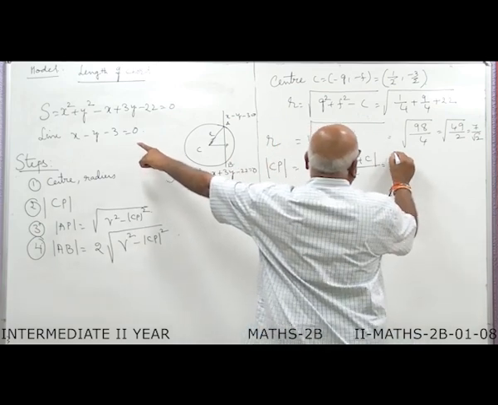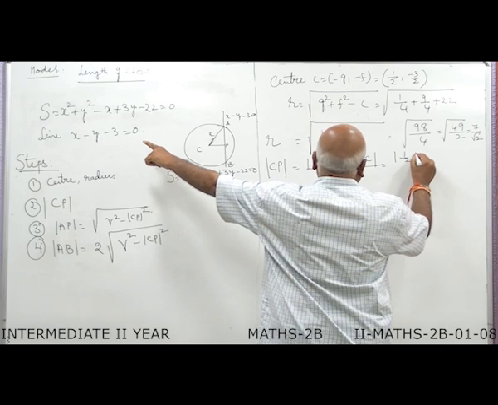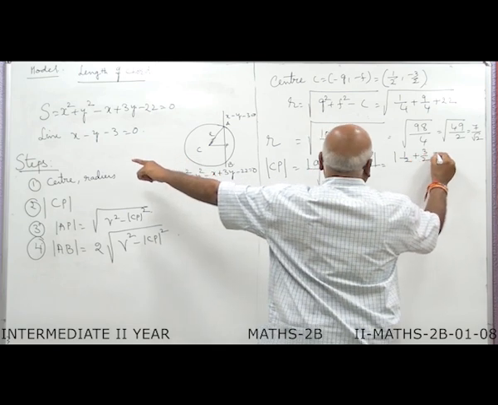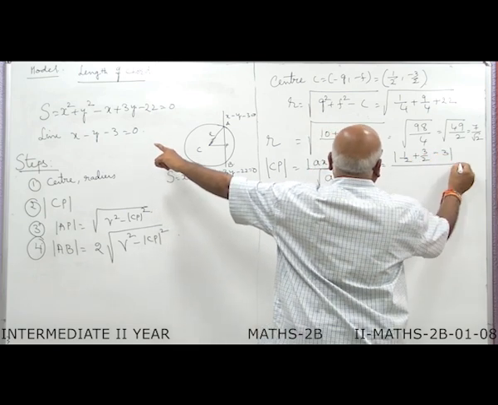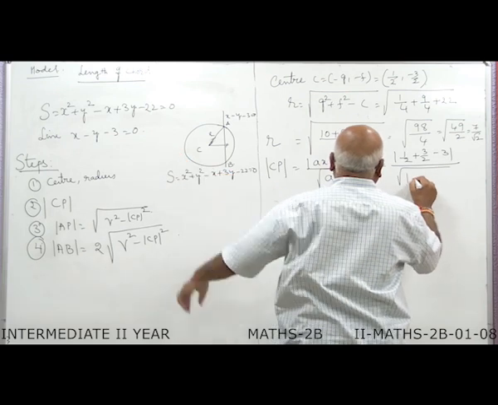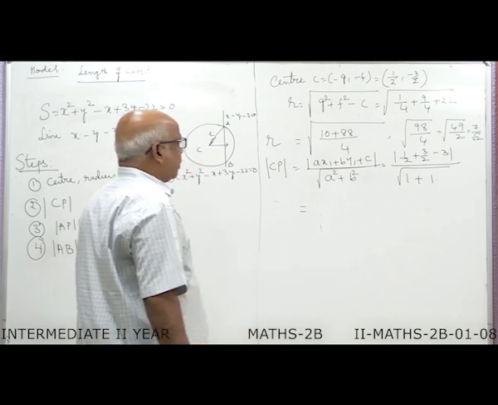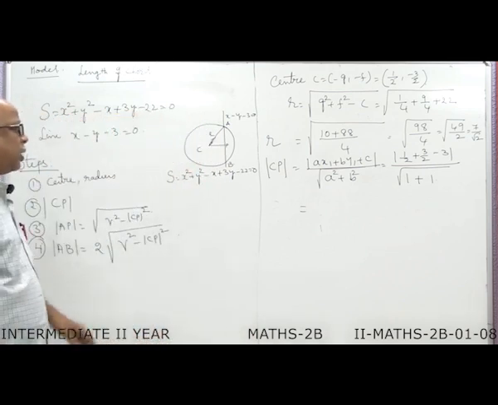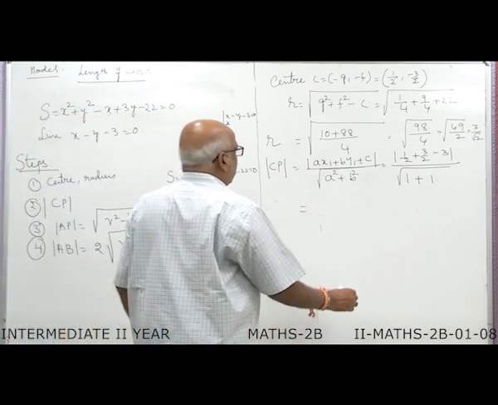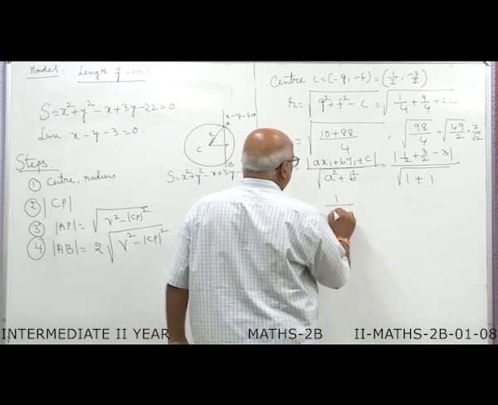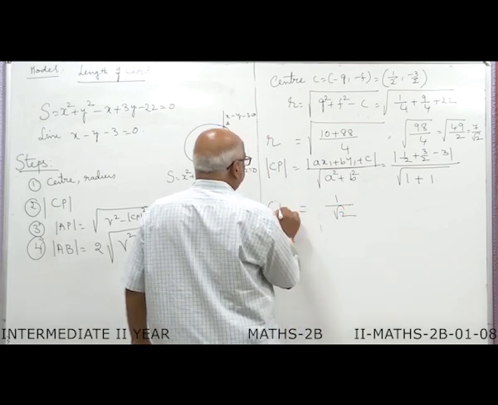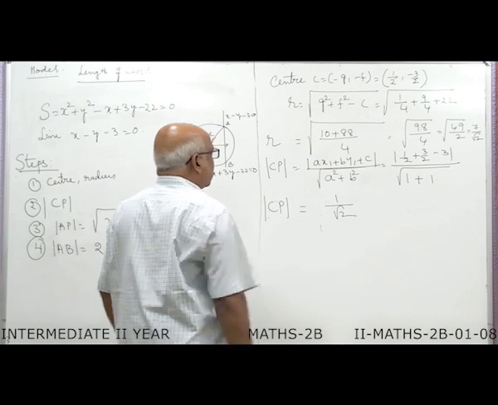Substitute in this. Modulus of 1 by 2 plus 3 by 2 minus 3 divided by root of 1 plus 1. 1 by 2 plus 3 by 2, 4 by 2, that is 2. 2 minus 3 minus 1, 1 by root 2. CP equal to 1 by root 2.